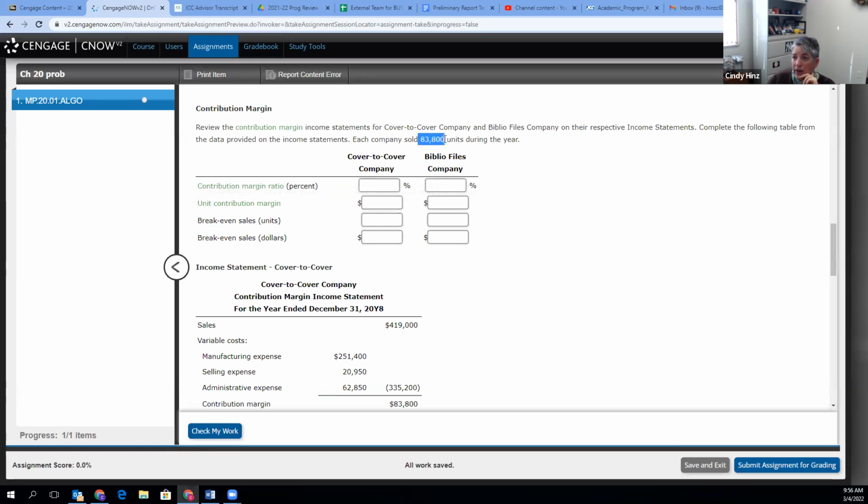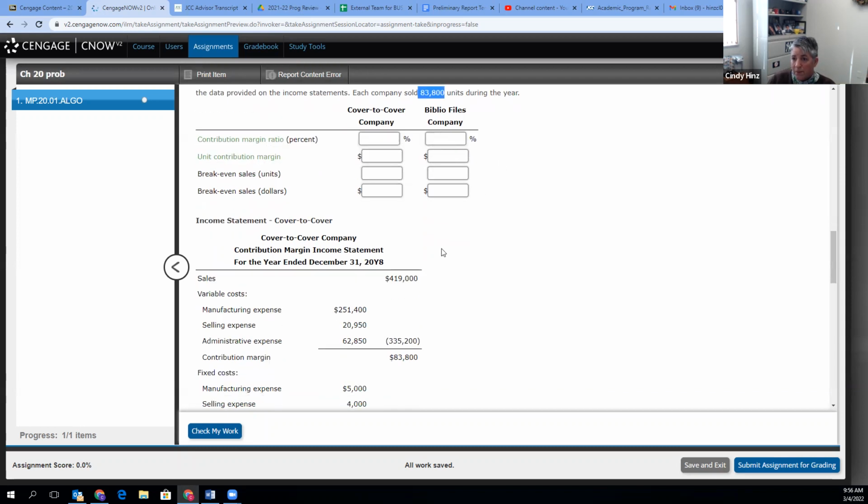Each company sold 83,800 units, so that's going to be necessary for calculating the per unit cost, dividing the totals by those number of units. Contribution margin ratio is the contribution margin divided by sales.